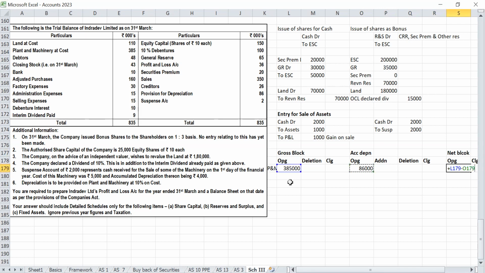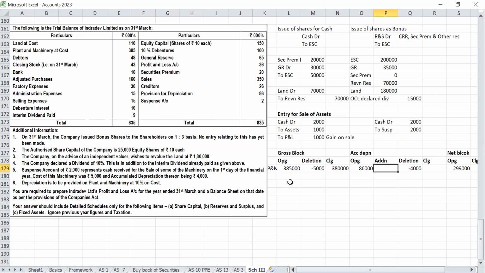So opening WDV 2,99,000. Then how much sold as deletion? 5,000. For that accumulated depreciation 4,000 sold.